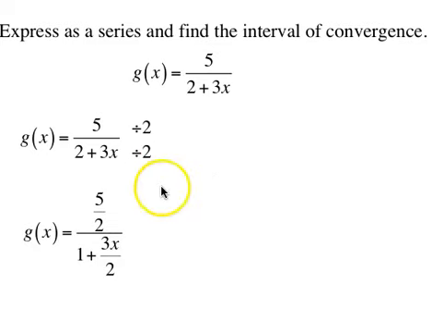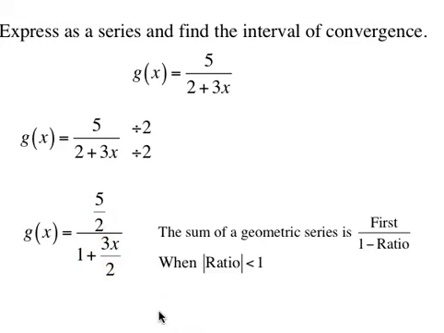And remember, we're using our geometric model: first term over 1 minus the common ratio. First term is 5 halves, common ratio negative 3x over 2. That will, of course, work when the absolute value of the common ratio is less than 1. So again, first is 5 halves, common ratio negative 3x over 2. So let's try to write that out.